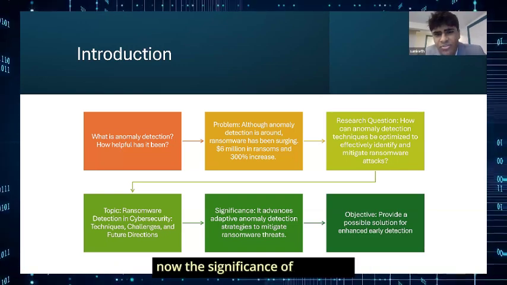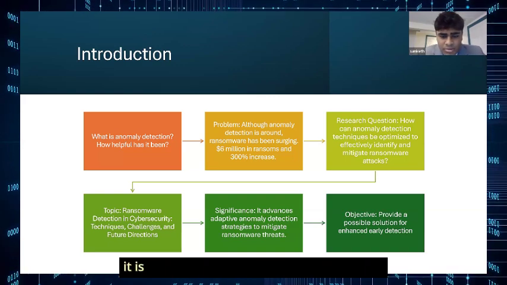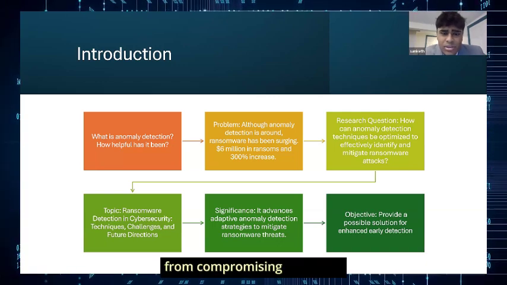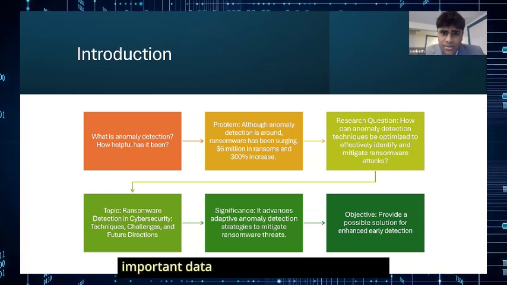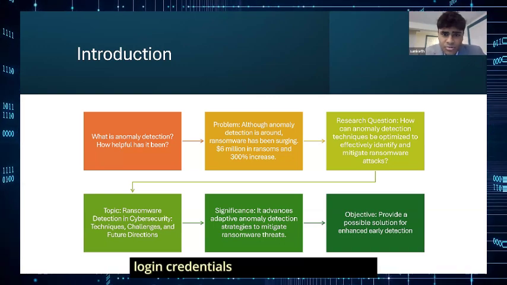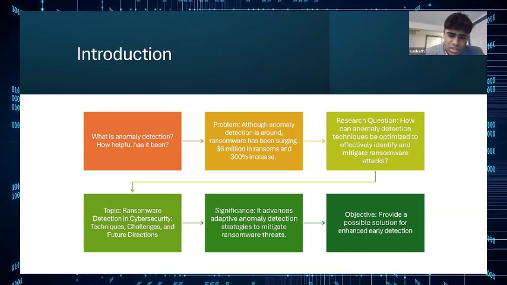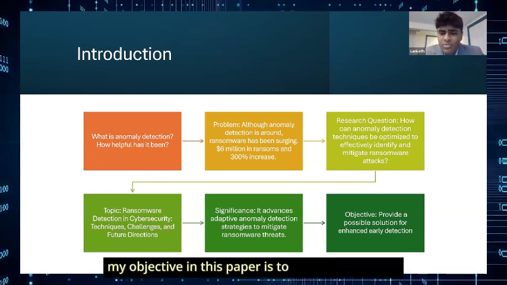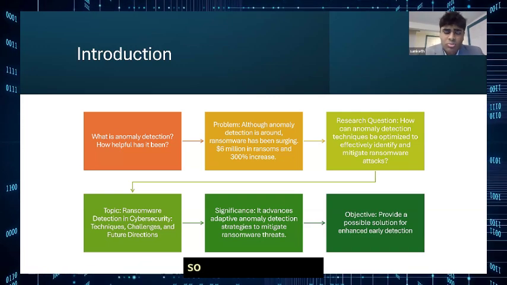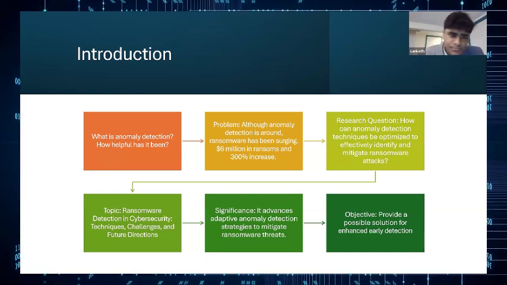Now, the significance of researching anomaly detection is that it is the only thing that's preventing hackers from compromising your important data, such as bank account details, login credentials, credit card information, and social security numbers. My objective in this paper is to provide a possible solution for enhanced early detection, so predicting malware and ransomware before it becomes trouble.